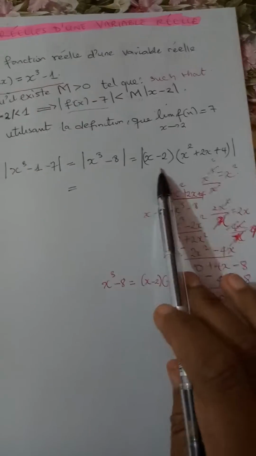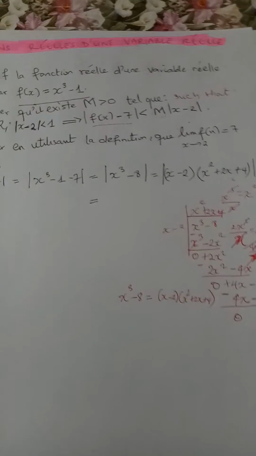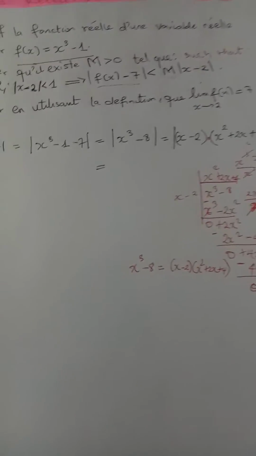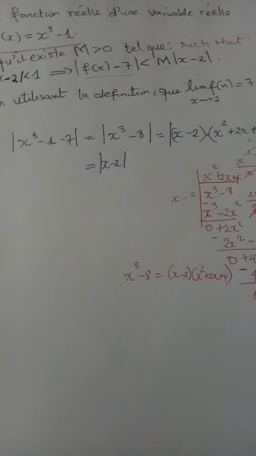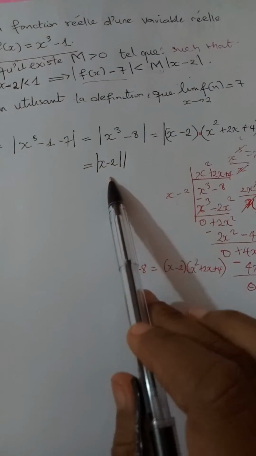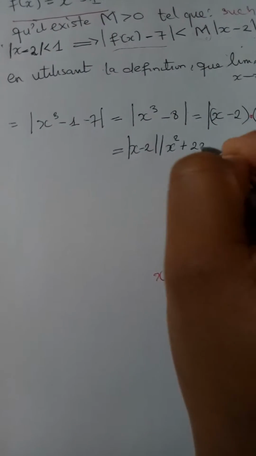So this is the product of the absolute values, and there's a multiplication in between. So if I apply the rule, this is the absolute value of x minus 2 times the absolute value of x squared plus 2x plus 4.